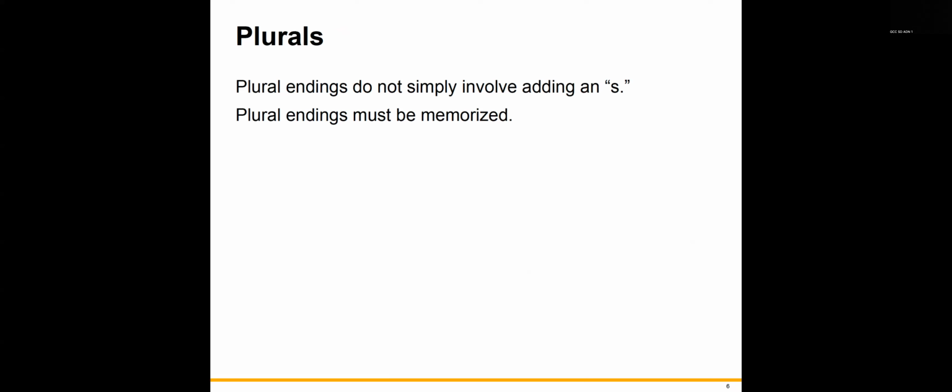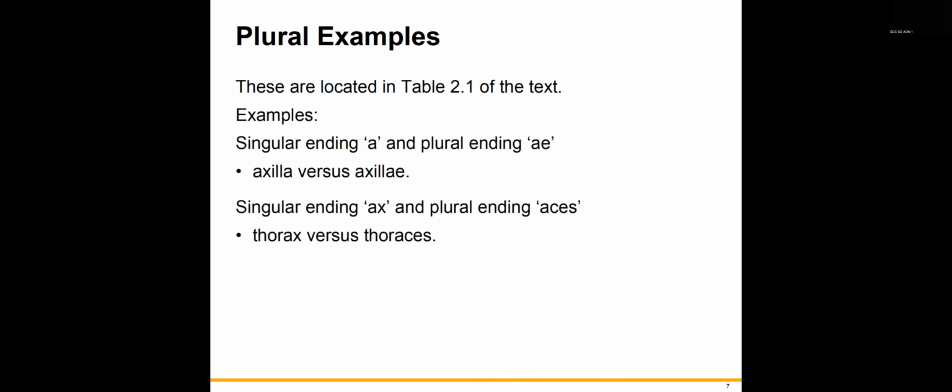Vertebra is singular versus vertebrae is plural. So one thing to look at is it's not really related to the English language of just adding a simple S. Depending on the term, depending on the ending, you must modify it accordingly relative to the rules.